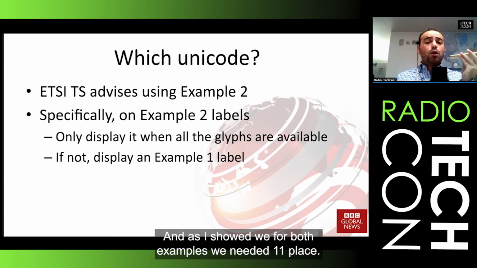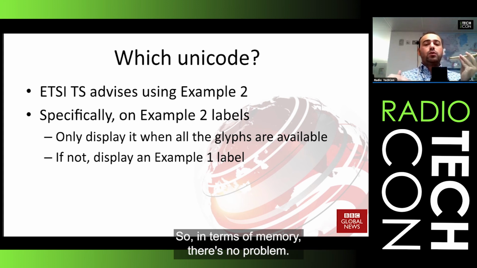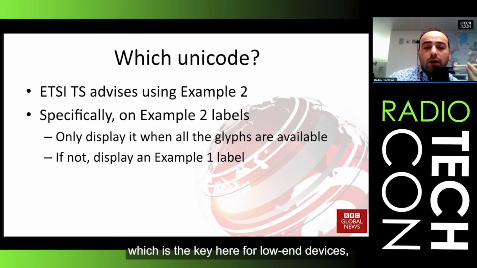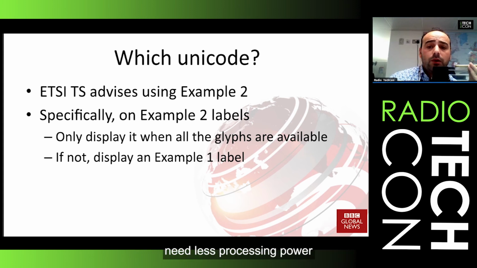As I showed, for both examples, we need 11 glyphs. So in terms of memory, there's no problem. However, in terms of processing power, which is the key here for low-end devices, example 2, the Arabic presentation forms B, needs less processing power and less memory.